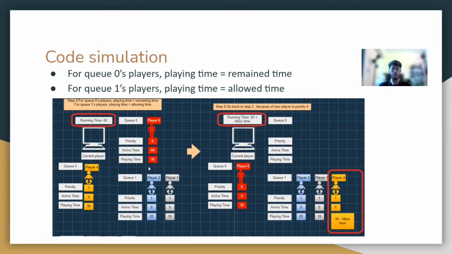And at the same time, player 6 arrives at Q0. So after an allowed time, the computer will recheck if there is any player in Q0. If yes, it will replace the player from Q1. So player 4 will go back to Q1 and reduce the playing time.